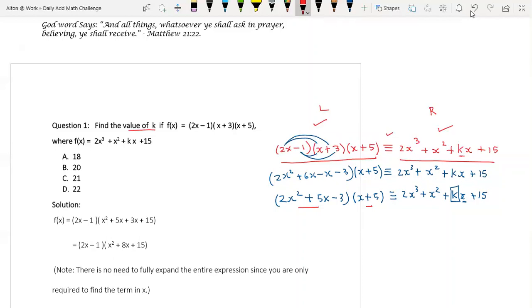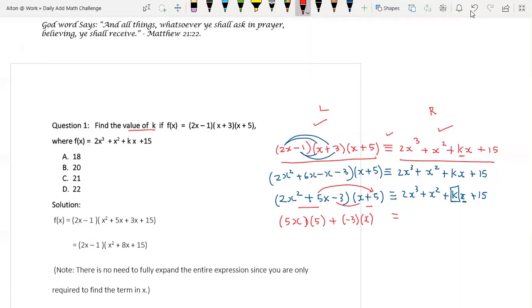Now to find that term in x, I can multiply 5x by plus 5, and I'm adding that to the product of minus 3 by x. Let's do that. So 5x multiplied by plus 5, and I'm adding that to the product of minus 3 by x.